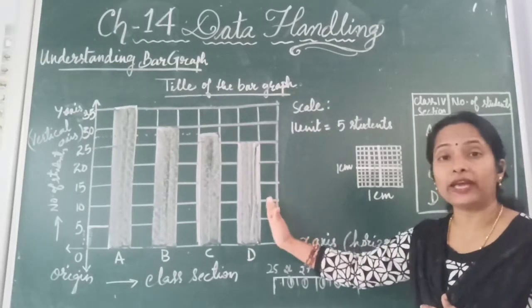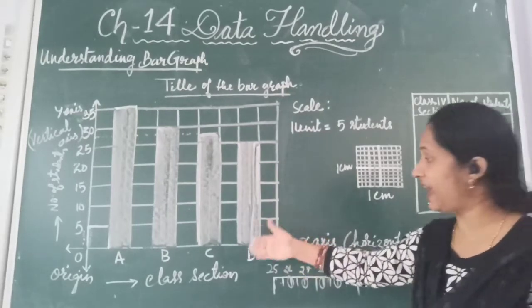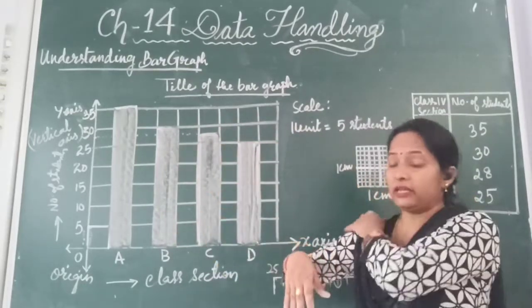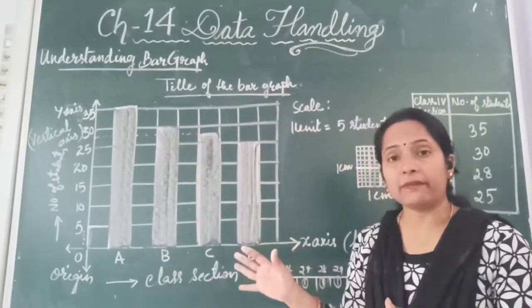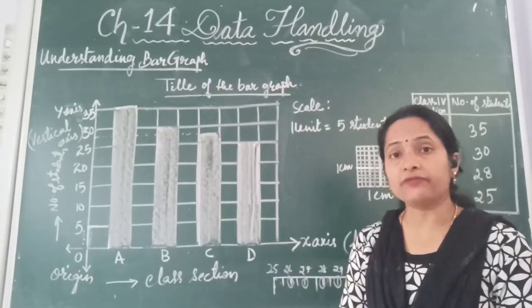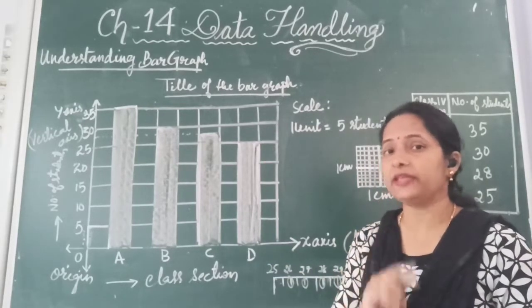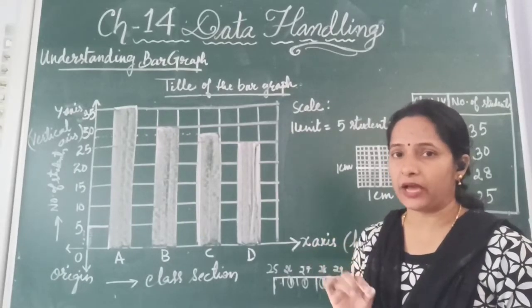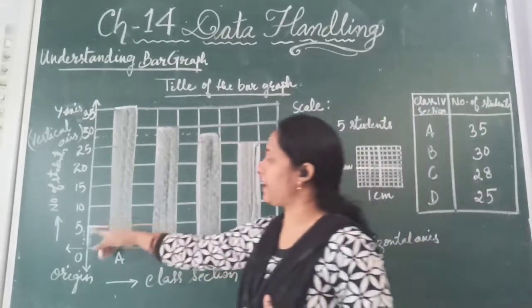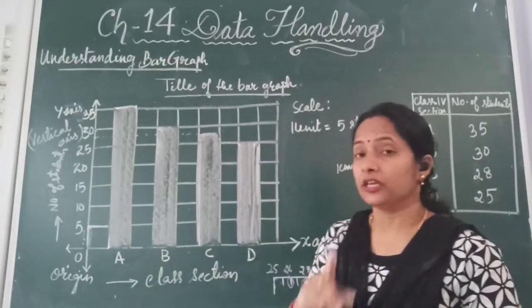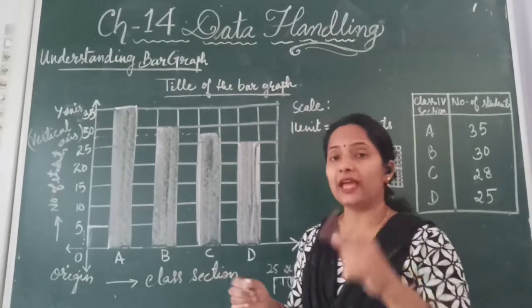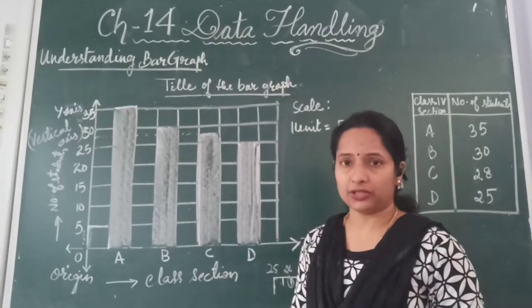Because this is called a vertical bar graph, as the bars are drawn vertically. Always remember, the numerical value in a vertical bar graph is always taken along the y-axis. And if you take the numerical data along the x-axis, then you will get a horizontal bar graph.